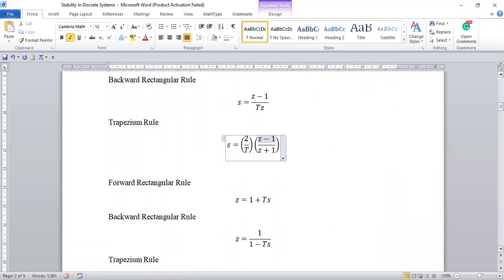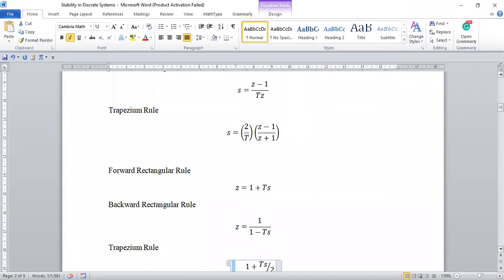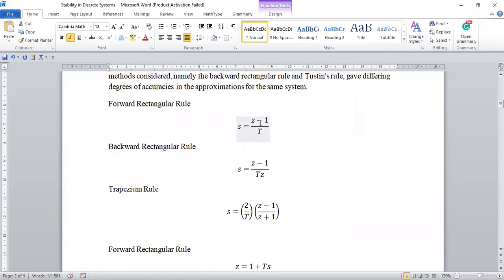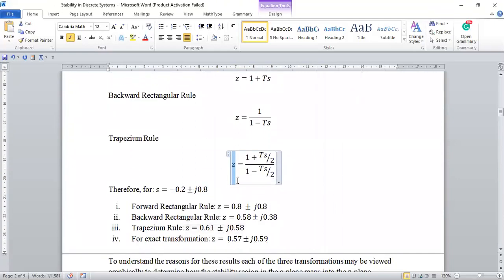Then if we make Z the subject of formula, you would arrive at this relationship. It is the same thing as what we have up here. The only difference is that here we're making Z the subject of formula in all the three cases.